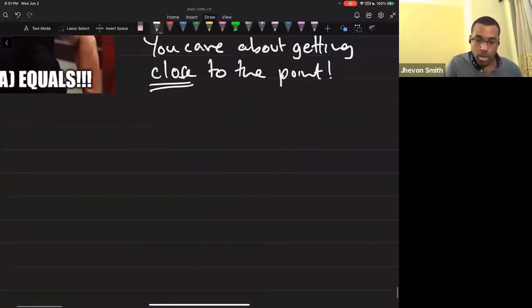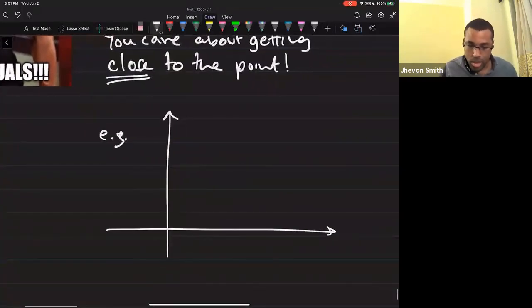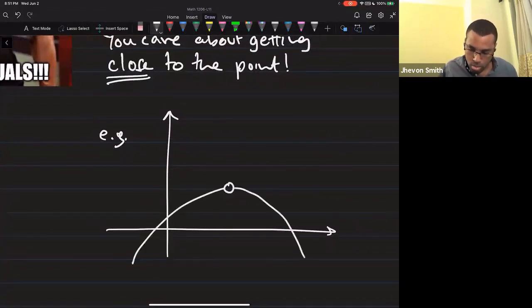So an example would be, I'm just making up a random function. So let's say you have, like, this is at 2. This is my function y equals f of x.